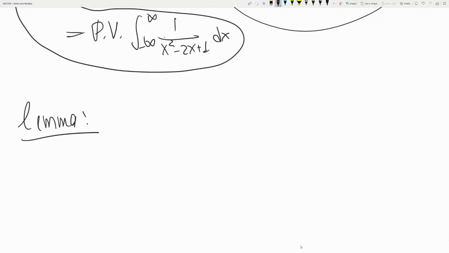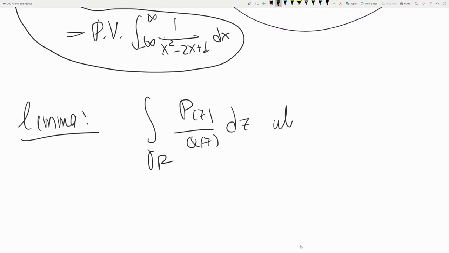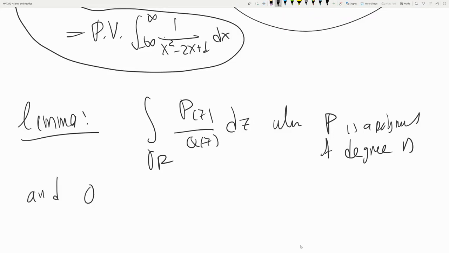Suppose you have the integral over Γ_R of P(z) over Q(z) dz, where P is a polynomial of degree n and Q of degree m, but bigger than or equal to n plus 2.